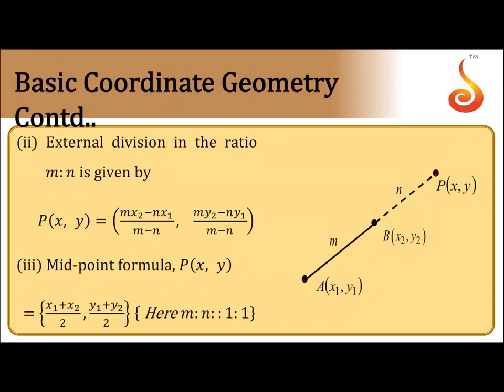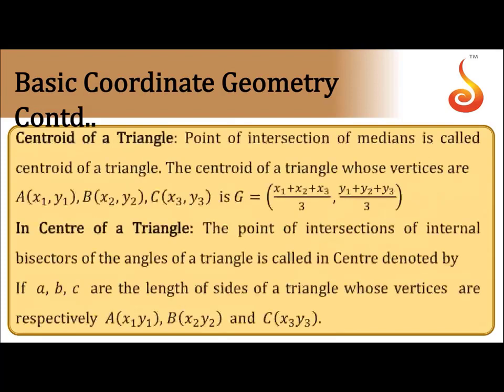If the point P divides AB in the ratio m is to n externally, then (mx2 minus nx1) by (m minus n) and (my2 minus ny1) divided by (m minus n) is the formula. And if P happens to be the midpoint of AB, the midpoint formula is (x1 plus x2) by 2 comma (y1 plus y2) by 2.